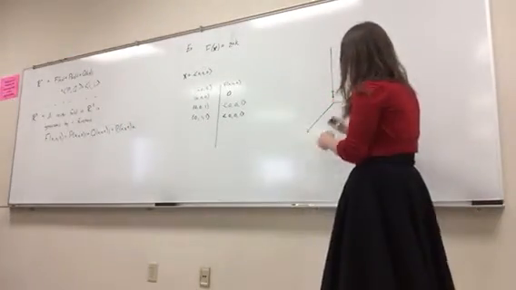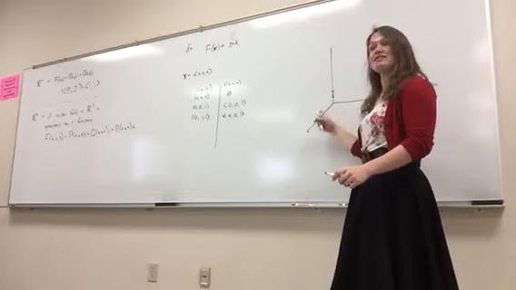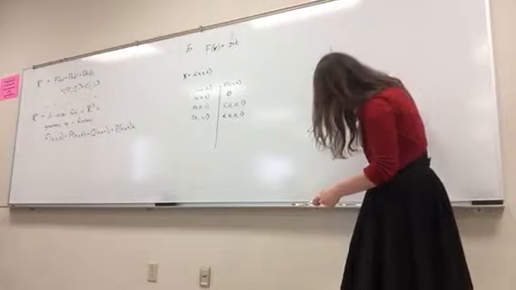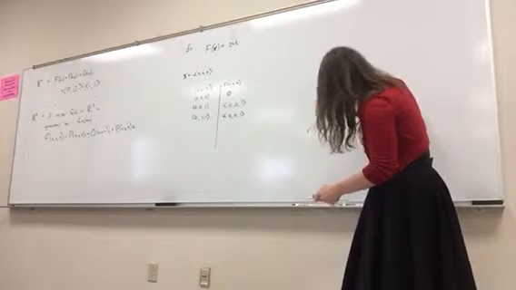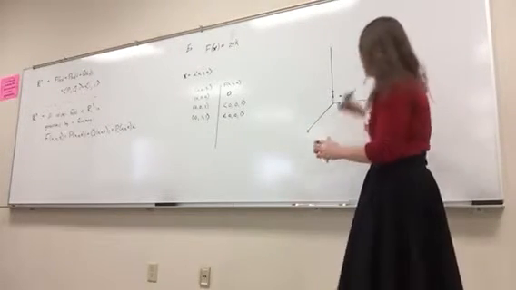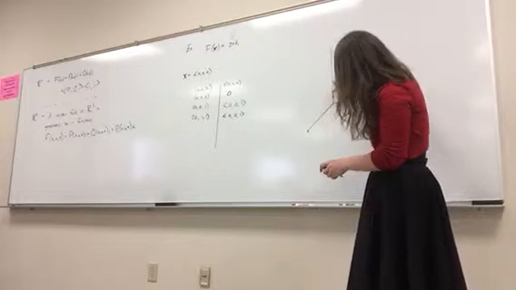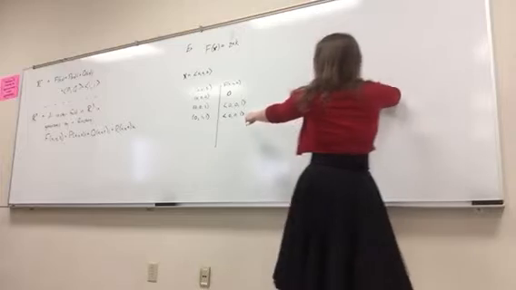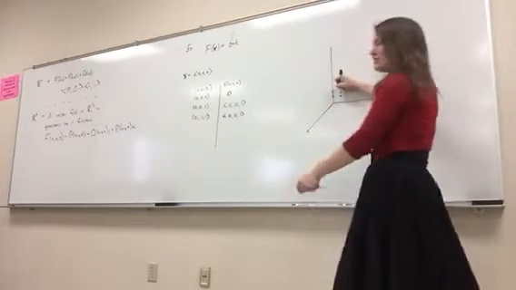Give me half a second here. If I plot that point, x is 0, right? So I have no movement along this axis. Y is 1, so I'm going to move over to 1. And up is z equals 1. And the vector will be how long? Well, this is my vector, right? So the magnitude of it is 1.